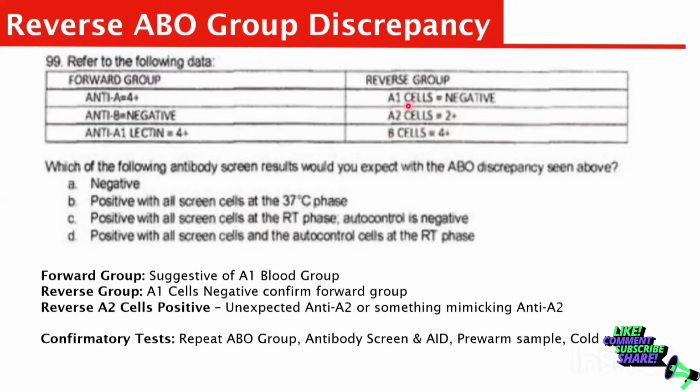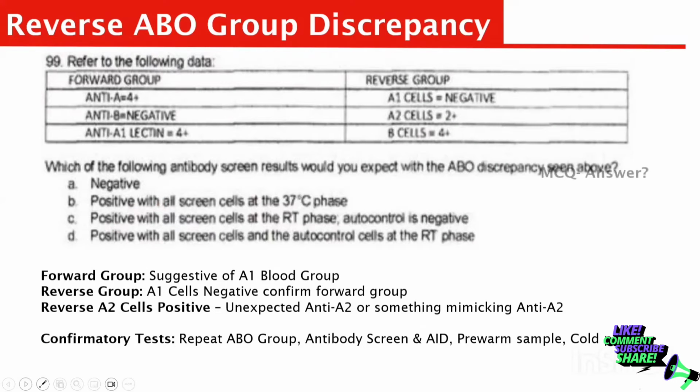If it is not a human error, not a technical error, and there's no mistake somewhere, possibly there is a cold antibody, or a particular antibody, that is mimicking this very anti-A2. I'm using the word cold antibody because A2 is commonly expressed below 37 degrees. I hope that makes sense.